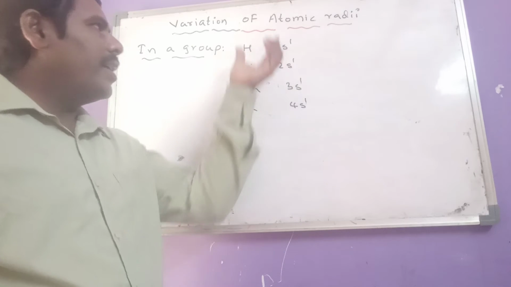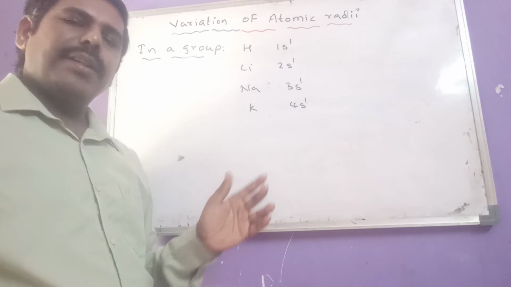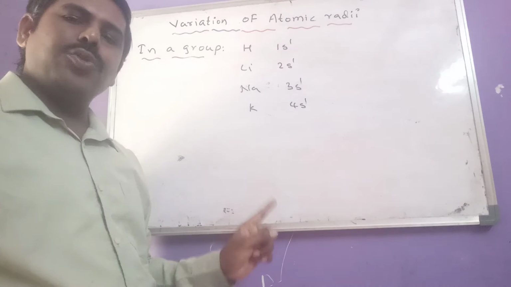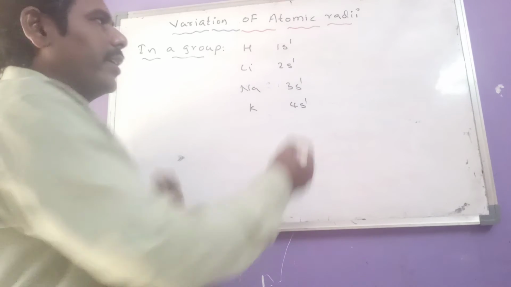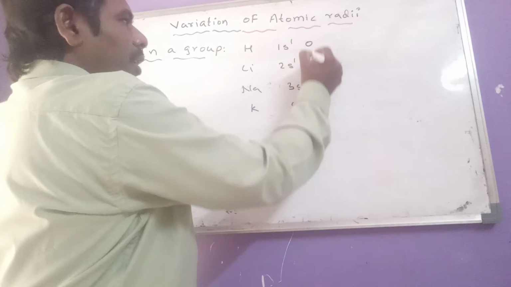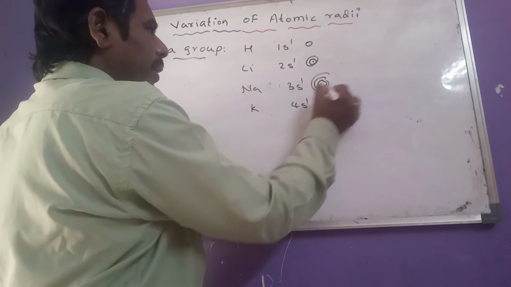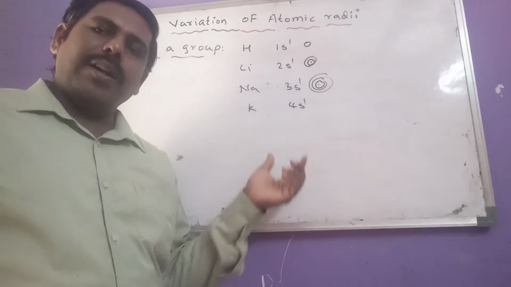Like that, as we go down, as atomic number increases, the differentiating electron every time enters a new orbit. So the number of orbits increases. Here only one orbit, here two orbits, here three orbits, like that. From top to bottom, the number of orbits increases.